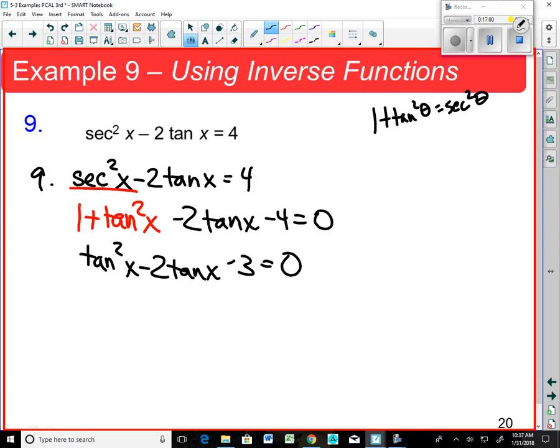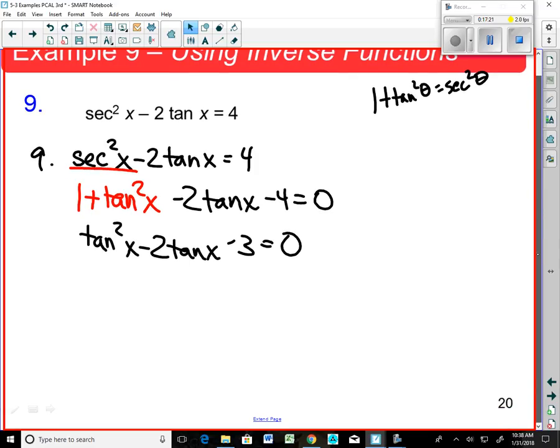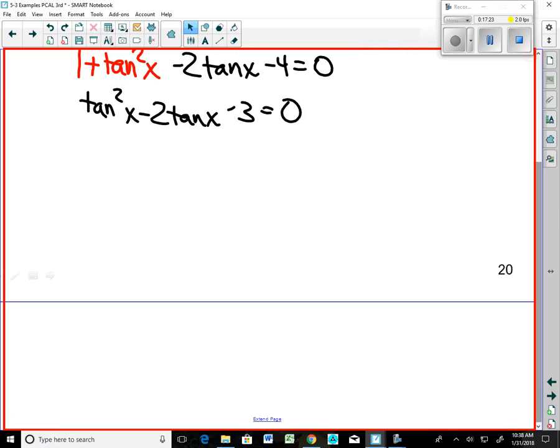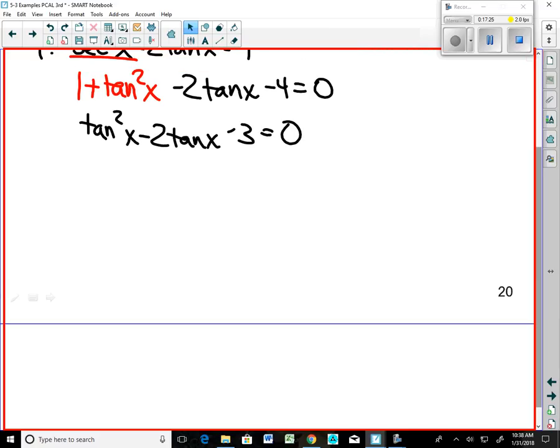We did talk, for those of you who were gone yesterday, about the fact that this one isn't going to be too bad to factor because it's 1 tangent squared, so it's going to be tangent x times tangent x. But when that number out in front is not a 1, that seems to be challenging for people. I continue to use guess and check in my own life. It's really the same as that box method, but I just don't write the box.